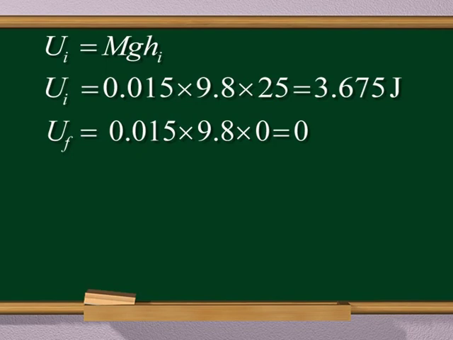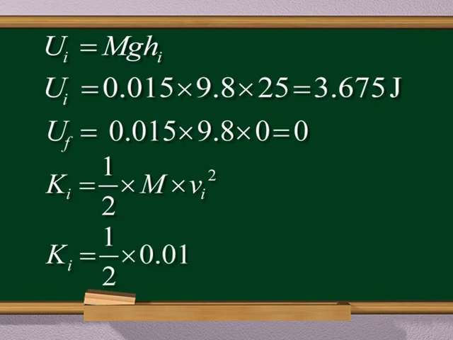Now, initial kinetic energy Ki is equal to 1 by 2 into m into Vi square. Then, substituting the suitable values of m and Vi in this equation, we get Ki equal to 1 by 2 into 0.015 into 0, which is clearly equal to 0.